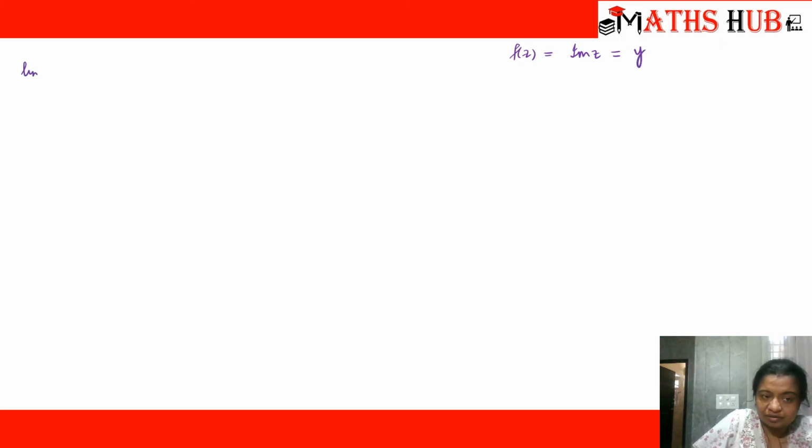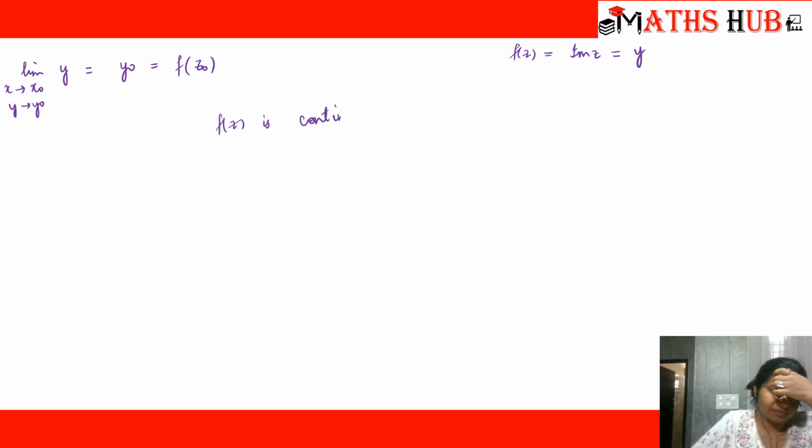So limit as x approaches x naught, y approaches y naught, the function will become y naught, and it is the same as the value of the function at z naught, right? So the function f of z is continuous. It's a polynomial function, so it is always going to be continuous, right?